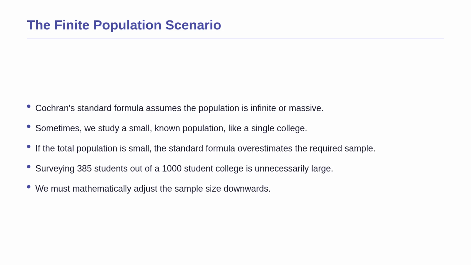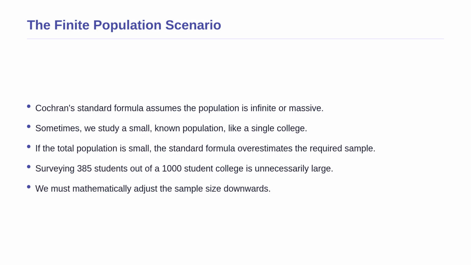Now that we have successfully calculated a sample size for a massive city, let us consider a slightly different scenario. Cochrane's standard formula assumes the population is infinite or extremely large. But what if you were surveying students at a small private college with a total population of exactly 1,000 students?